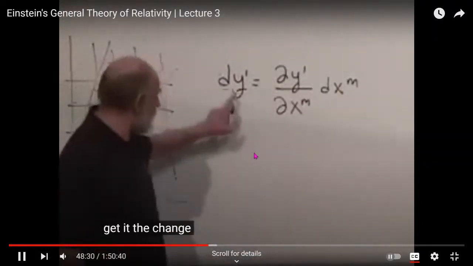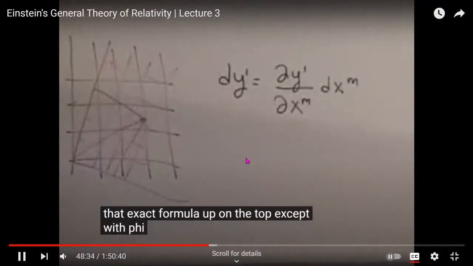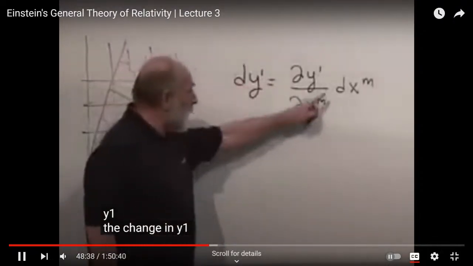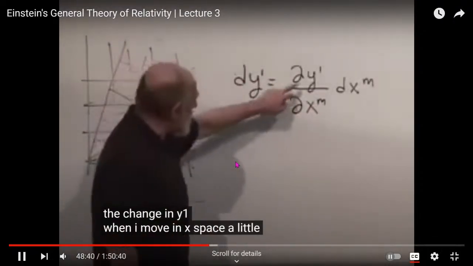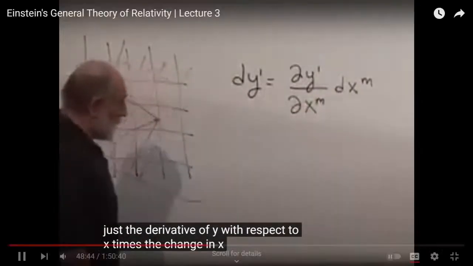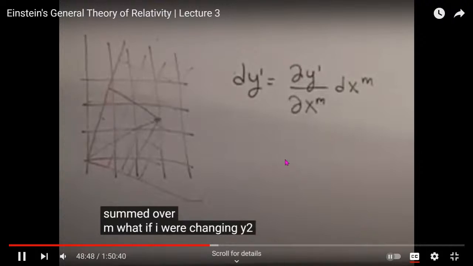You get it? The change in y1, I'm just using that exact formula up on the top, except with phi being y1. The change in y1, when I move in x space a little bit, is just the derivative of y with respect to x times the change in x, summed over m. What if I were changing y2? The question is, what is dy1 dx1?